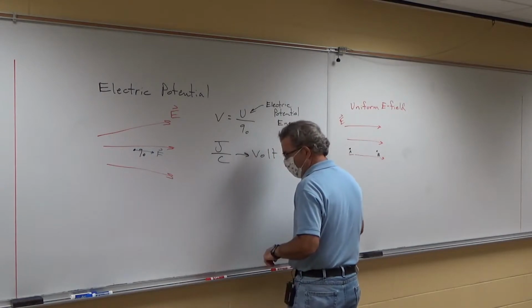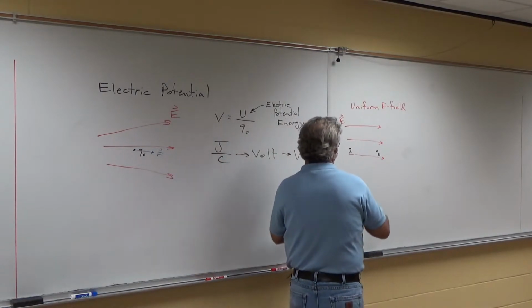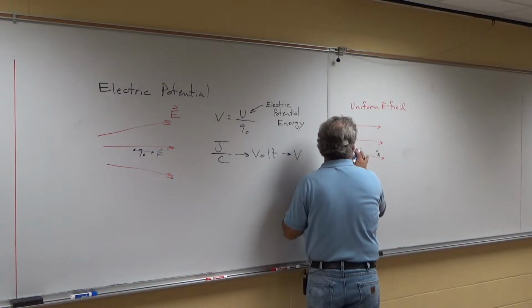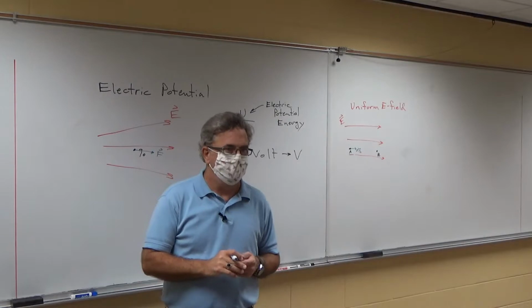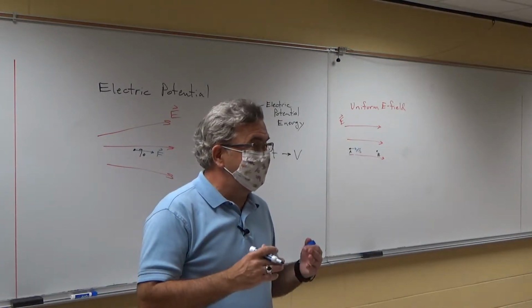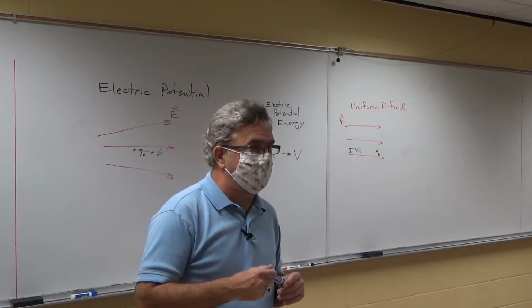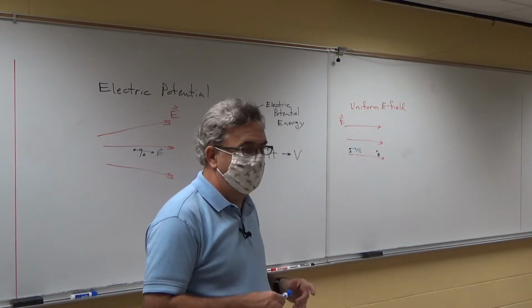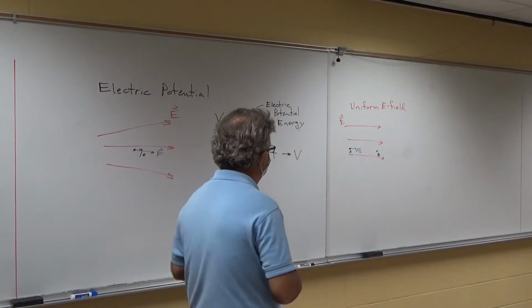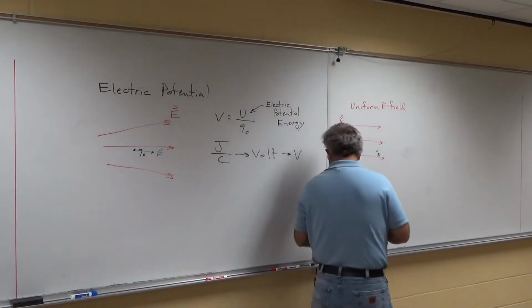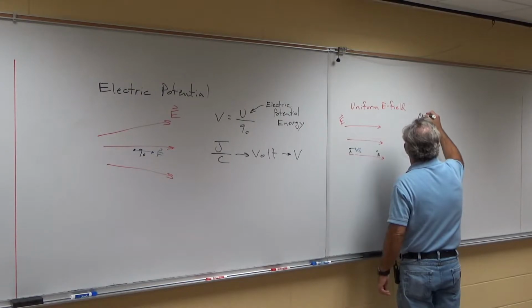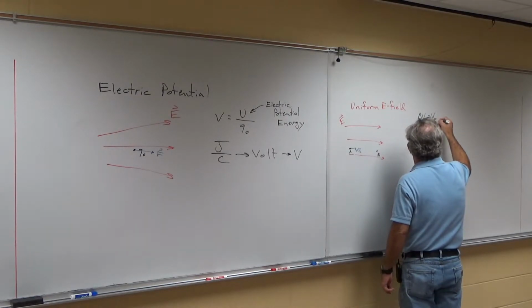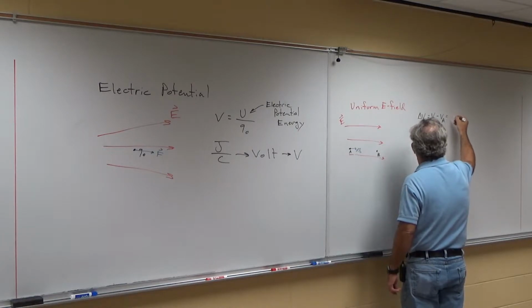We have the little displacement vector that points from A to B. I'm building up some notation and we'll talk about what all this means. Here's a little displacement vector ds between A and B. So ds keeps up with how far I go and in what direction I go. Moving from A to B, you get a change in the potential, delta V, which is equal to VB minus VA.